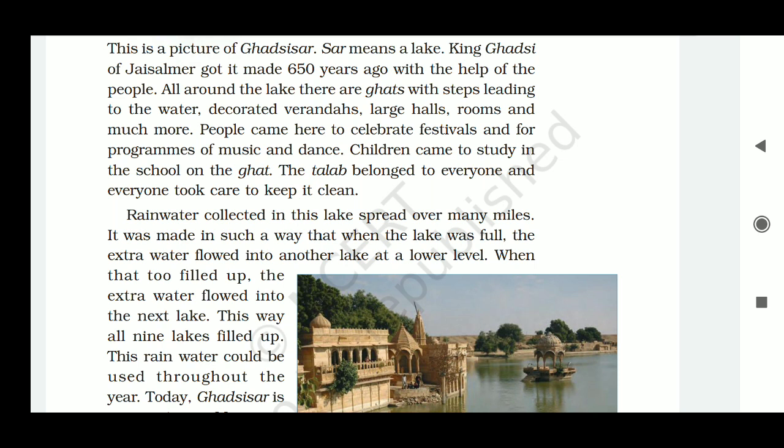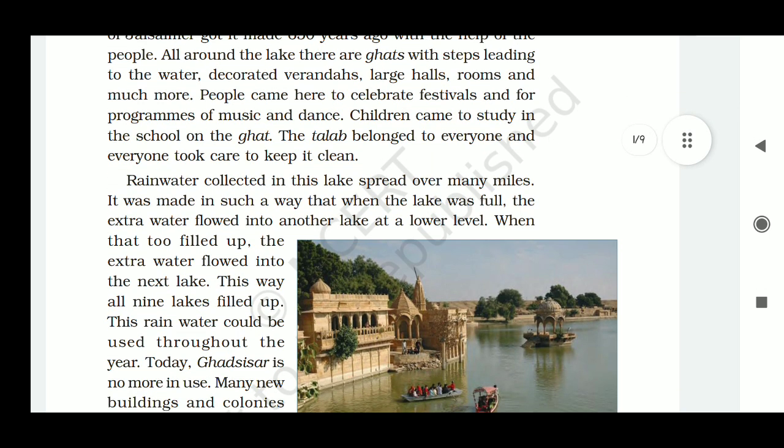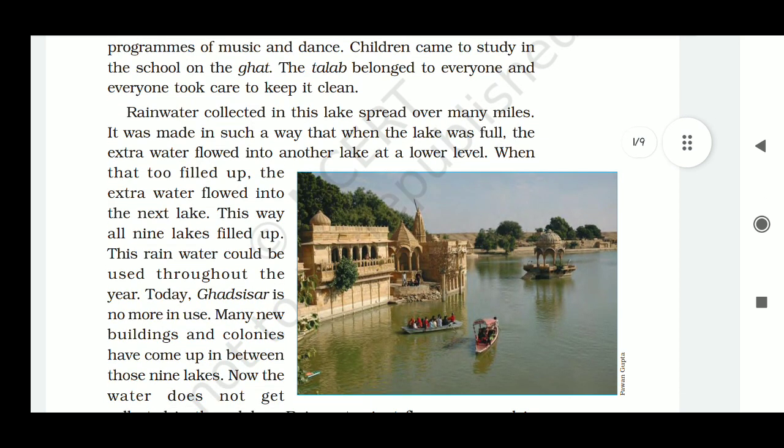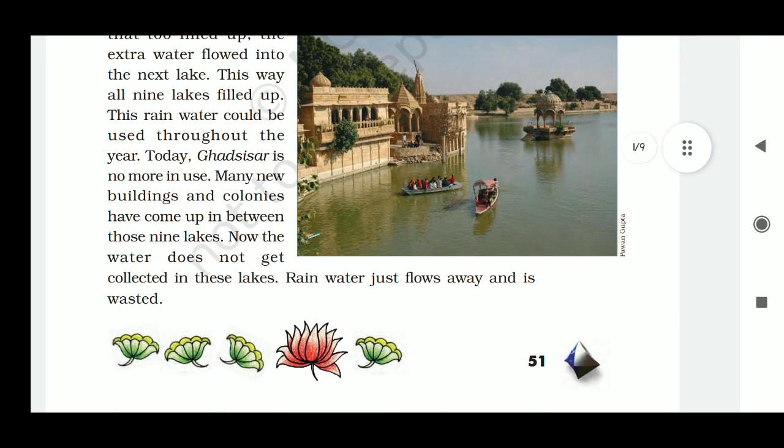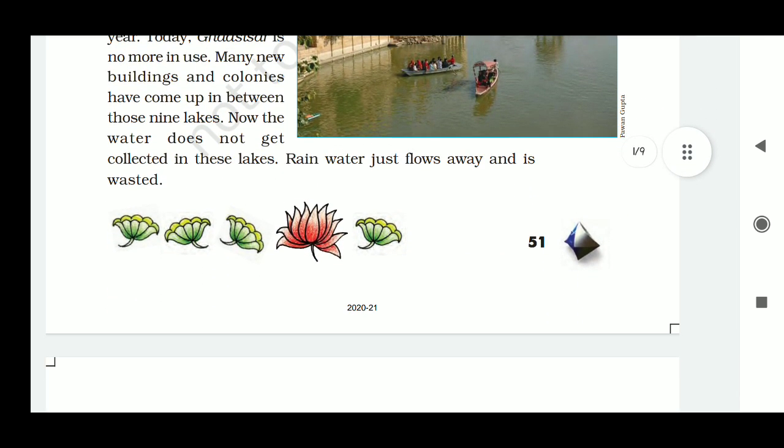Today Gatsisar is no more in use. Many new buildings and colonies have come up in between those 9 lakes. Now the water does not get collected in these lakes.